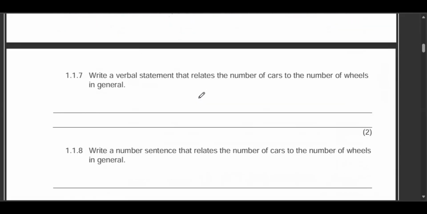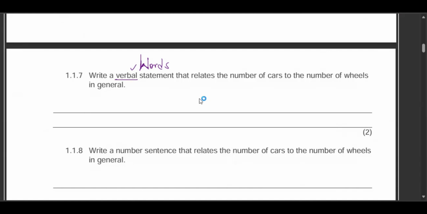Question 1.1.7: write a verbal statement. In other words, we are supposed to write it in words. A verbal statement that relates the number of cars to the number of wheels.